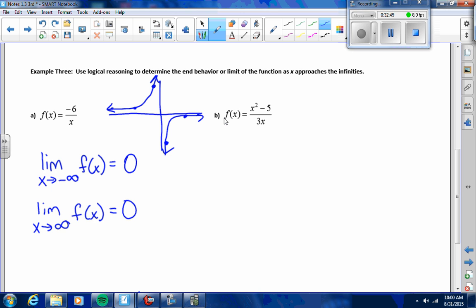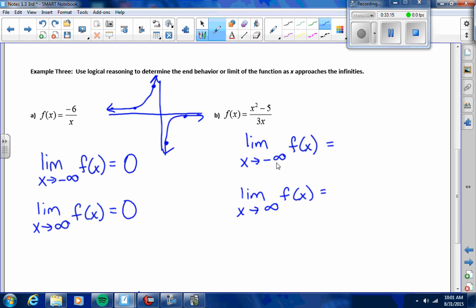Okay. Let's try the second one, part B. f of x equals (x squared minus 5) divided by 3x. We're going to find the limit as x approaches -infinity of f of x, and then the limit as x approaches positive infinity of f of x. So let's think -infinity.